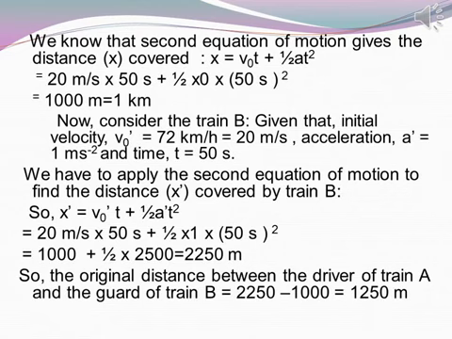So the original distance between the driver of train A and the guard of train B is equal to 2250 minus 1000, which is equal to 1250 meter.